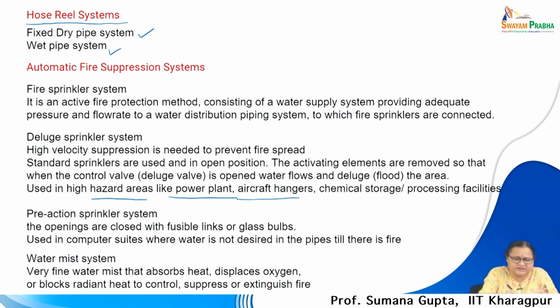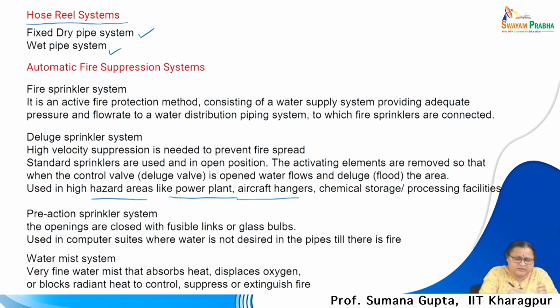Another is the pre-action sprinkler system, for example in a computer lab, where you do not want water. Like the deluge sprinkler saves the entire area because it is a hazardous area and the fire spreads very quickly, unlike computer suites where we do not want the water to spread, there we can take a pre-action sprinkler system, and the water comes out of the sprinkler openings in a very controlled way.